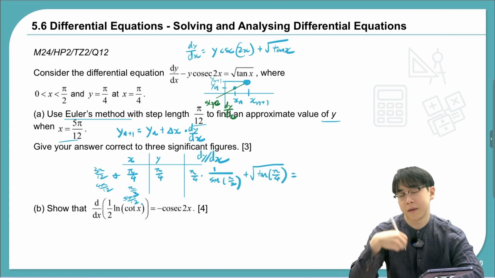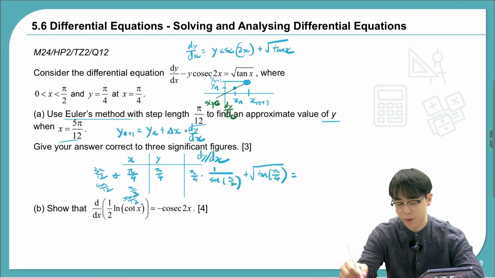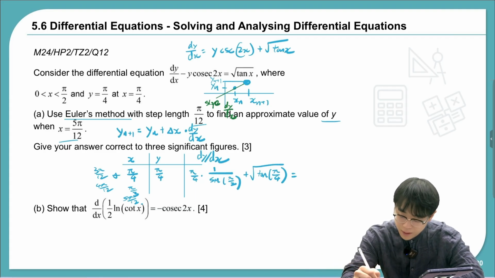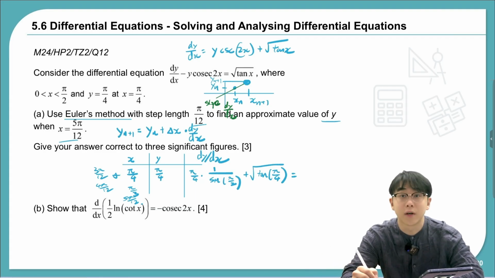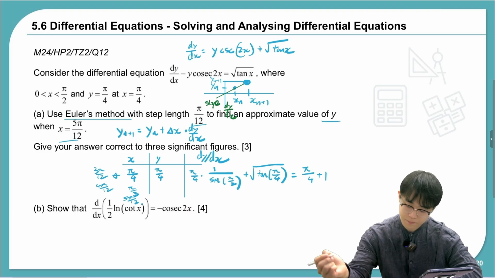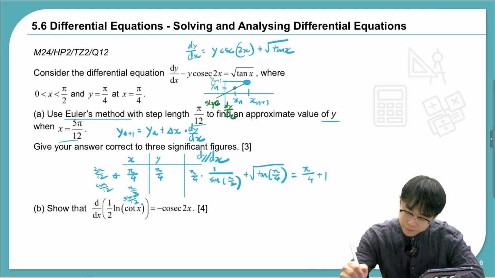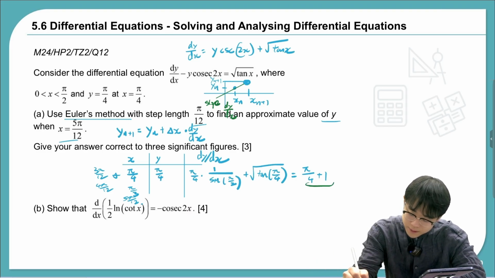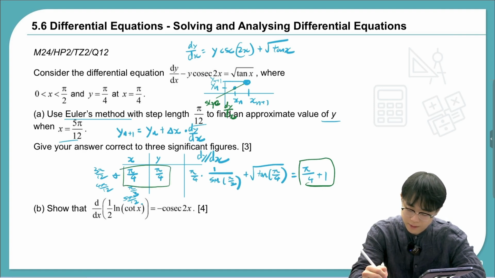Okay, and we know that tangent of pi over 4 is going to be 1. You can check that with your calculator. Sine pi over 2 is also going to be 1. So dy over dx is going to be pi over 4 plus 1. Okay, so that's our first thing. Our initial x and y values are this.